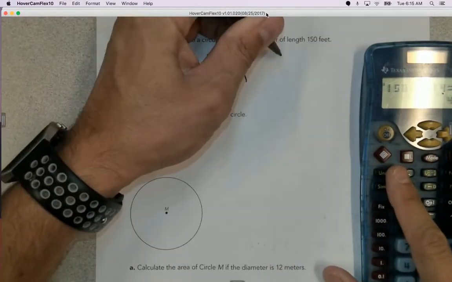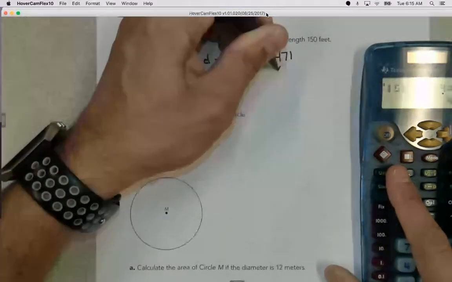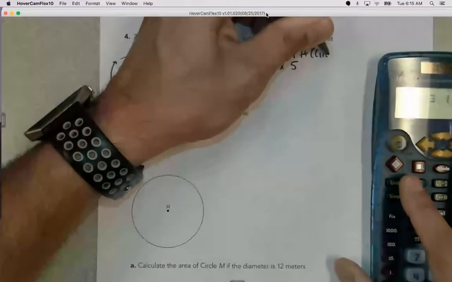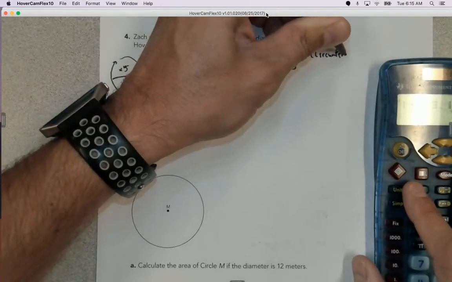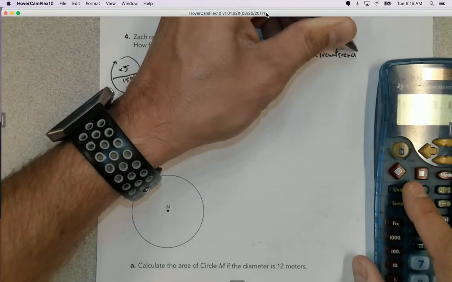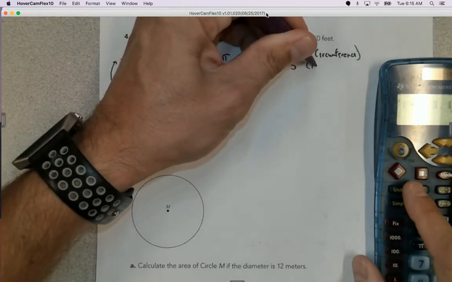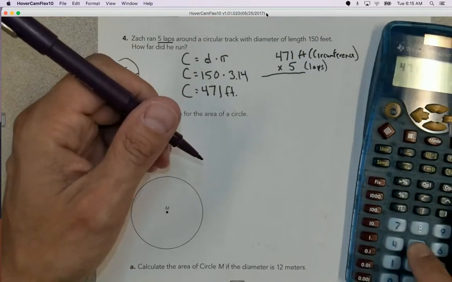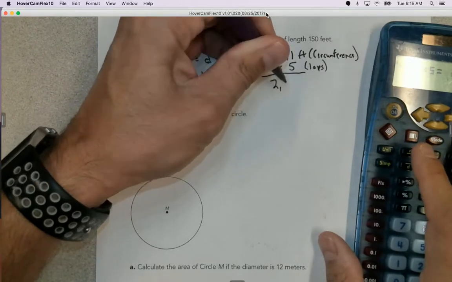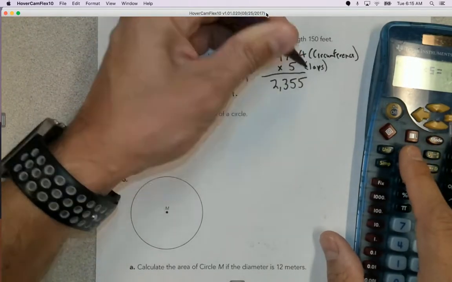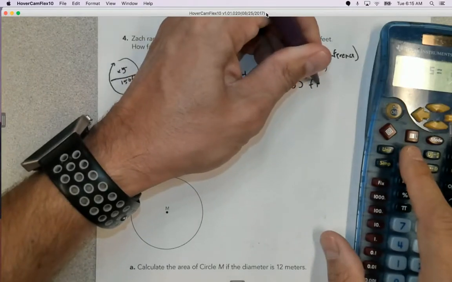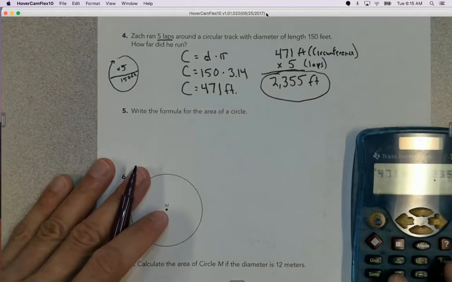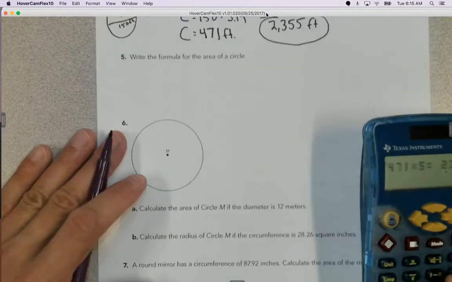So I'd have to take my 471 and times it by the number of laps that Zach did. And since I'm working on a pretest, I'm thinking about paying attention to detail and understanding that Zach ran 2,355 feet. Okay, and I'd even consider putting that in a sentence if I was doing this for a test.